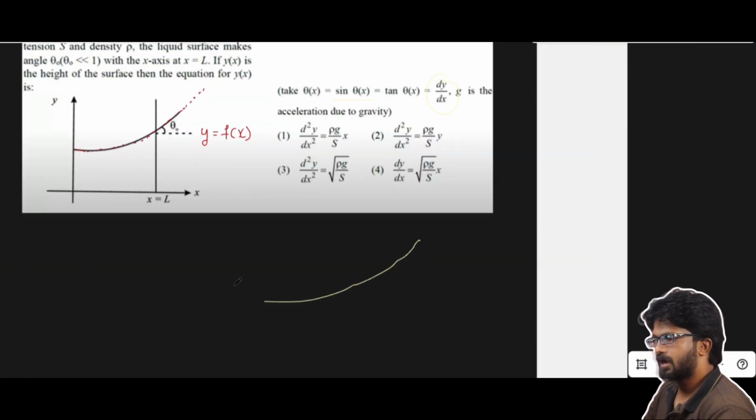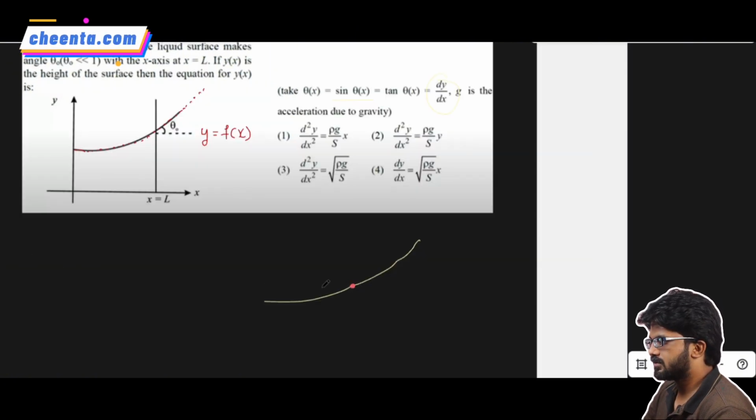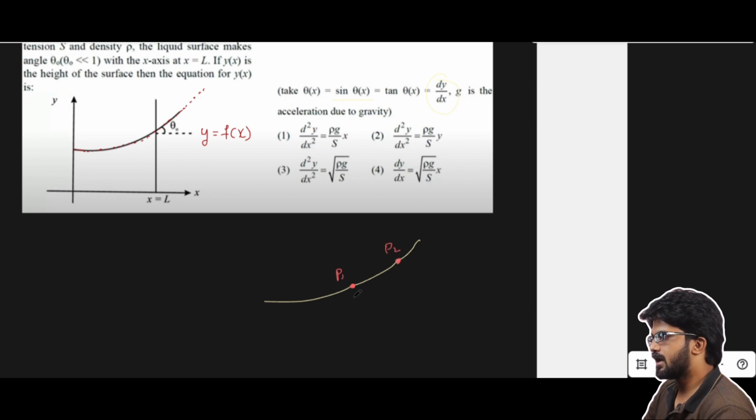If we take this curve and take 2 points here, let's suppose P1 and P2, any 2 points, they have a difference in their height, which we can take as h equal to y. So the pressure difference P2 minus P1 can be computed using the surface tension times the change in curvature.